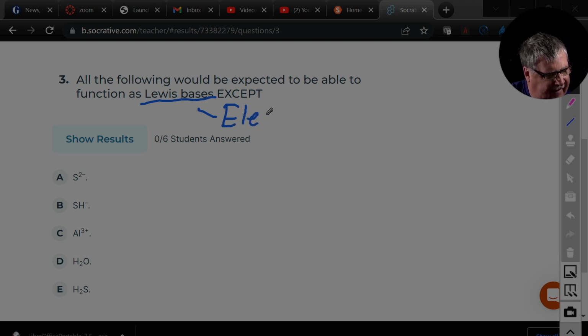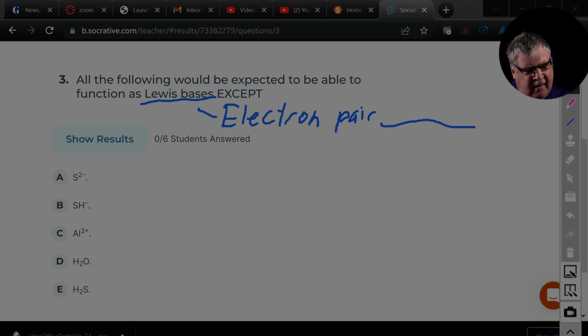Is a Lewis base an electron pair donor, or is it an electron pair acceptor? Which one? It is a donor.